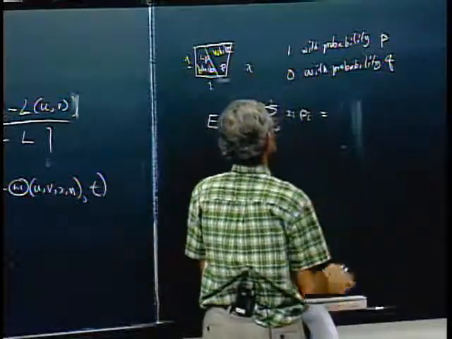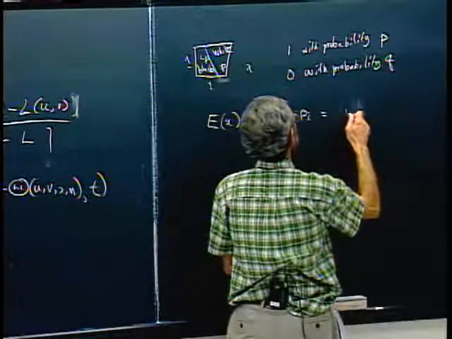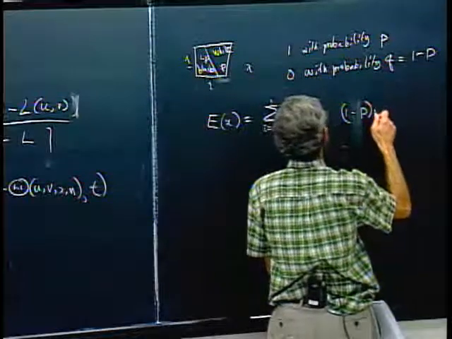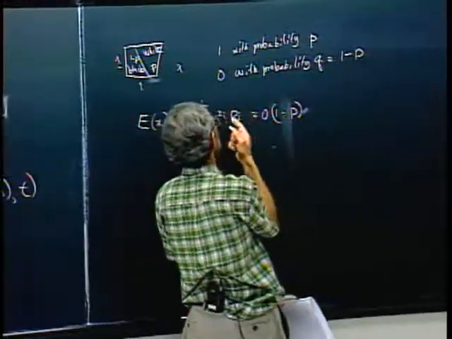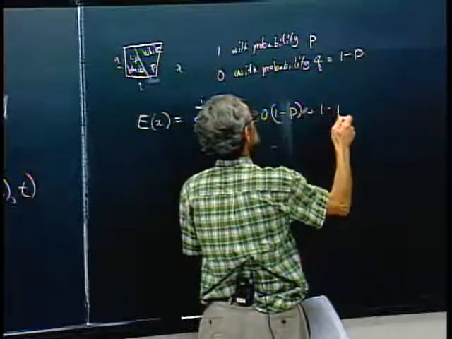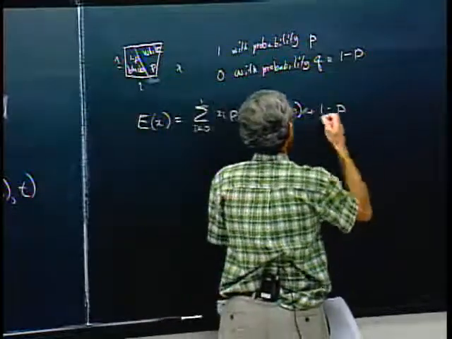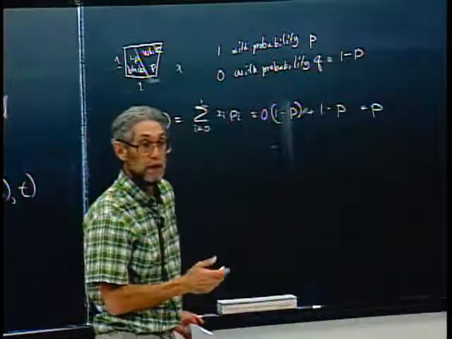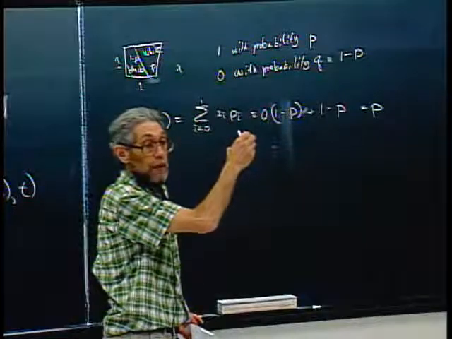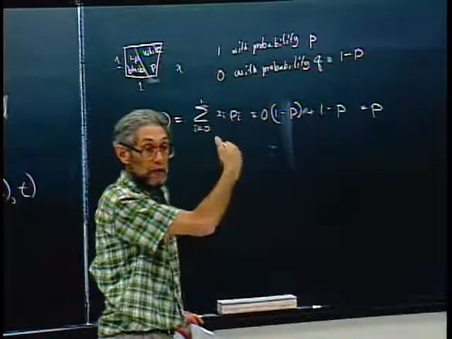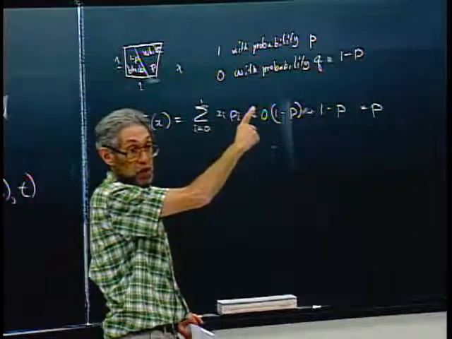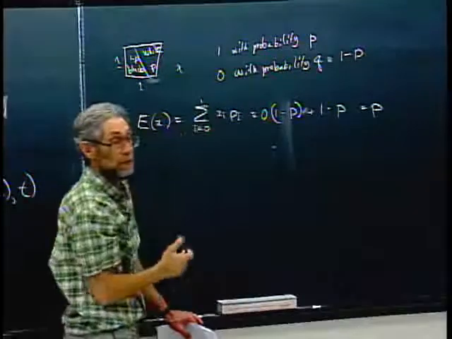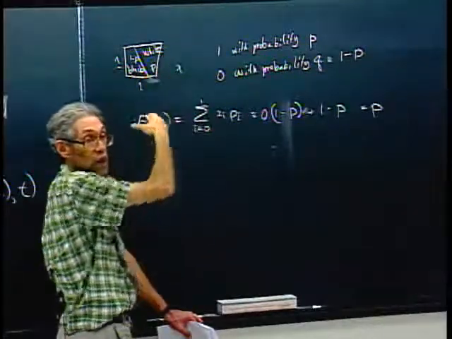When we're talking with 0, we have q, this probability q is 1 minus p. So it's 1 minus p times, probably should put the value x in front. That's why I've written it here. Plus 1 times the probability of getting a 1. And this is 0 and this is 1, so it's just p. So the expected value is p, right? If the fraction of the area of p is white and the rest is black, that's the expected value of your, that's actually the integral of the radiance over this pixel.